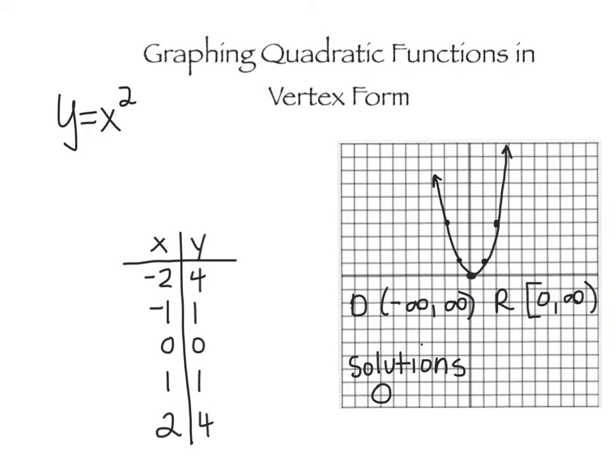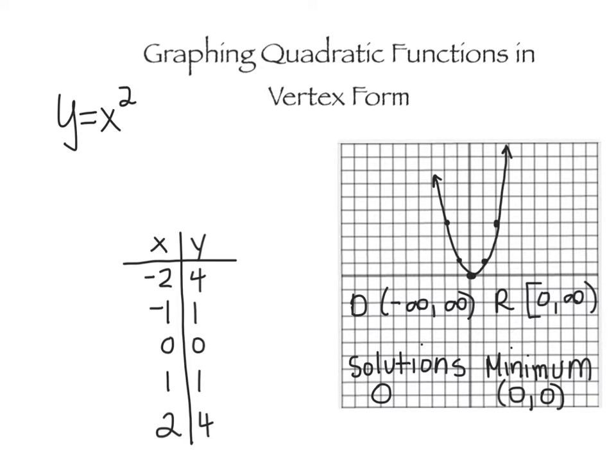It has something called a minimum. Vertexes have two names. It's either the bottom of the parabola or it's going to be the top of the parabola. This one is a minimum. So the minimum here is 0, 0. I can refer to that as the minimum, or I can also refer to it as the vertex.